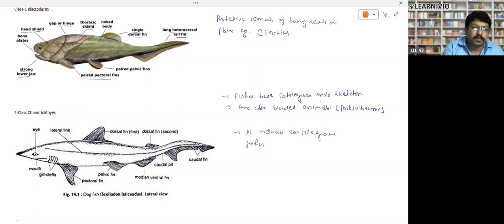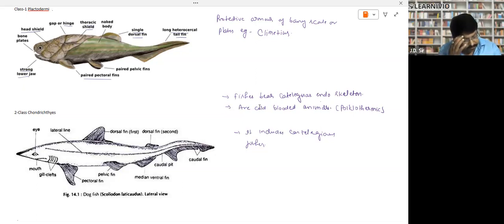Means they do not have the mechanism. Like our blood temperature is fixed at 98.6 Fahrenheit or 37 degrees centigrade, whether it's snowfall outside or desertic summer temperature. Our blood temperature never changes. Clear? Yes, sir. Okay.